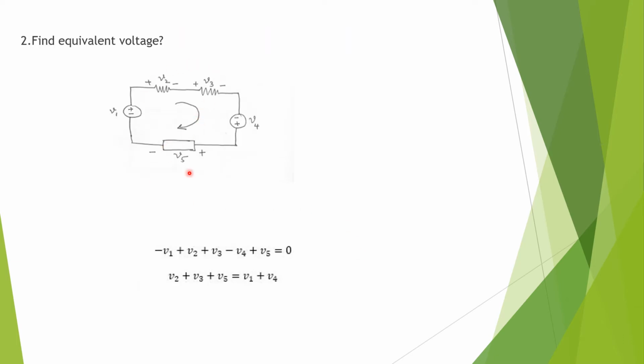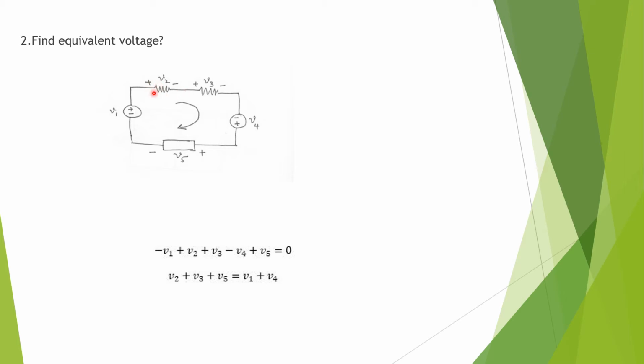Here we need to find the equivalent voltage. So here the direction of the battery starts from the lower region to the higher region, and the current is flowing from this minus to plus region. So minus V1, plus V2.